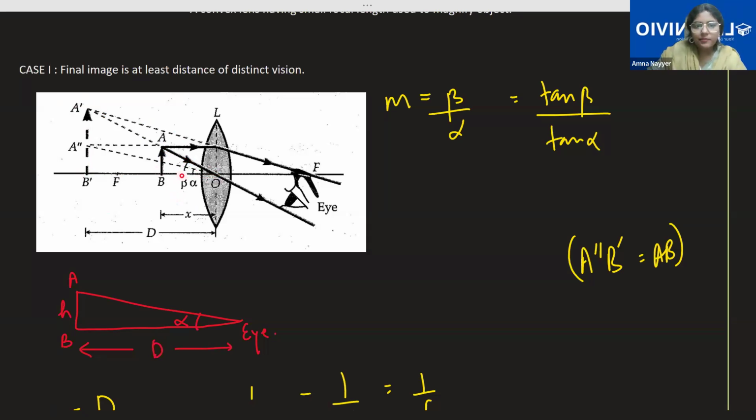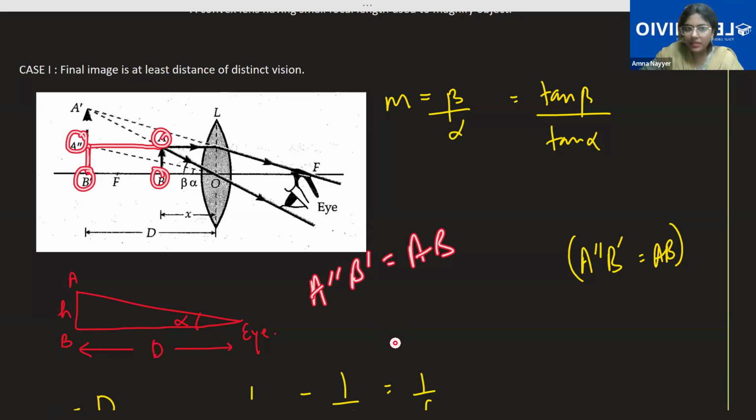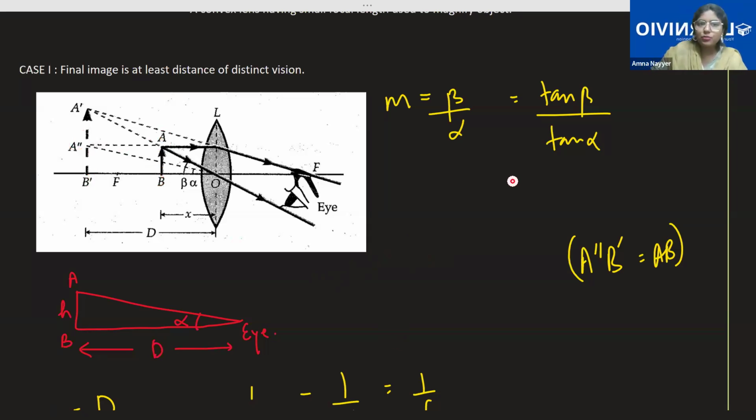This is the same alpha. A double dash B dash. Why? AB is the object distance, right? If I just take the same line exactly at this level, same line, so A double dash B dash will be equal to AB. This can be said, and it is true.